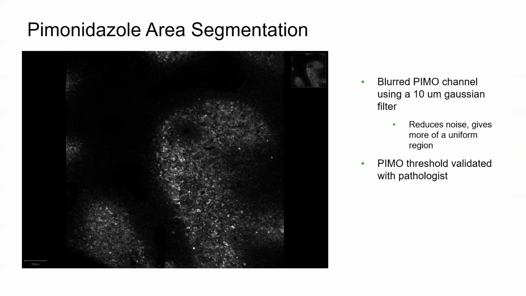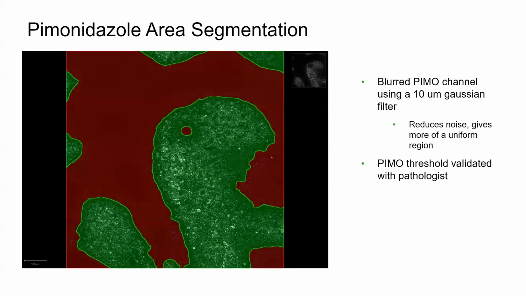We first applied a pixel classifier consisting simply of a slight Gaussian blur and a binary threshold for classifying regions of hypoxia shown in green and regions of relative normoxia shown in red. I'll be abbreviating these as PIMO positive for the hypoxic area and PIMO negative as the relatively normoxic area.